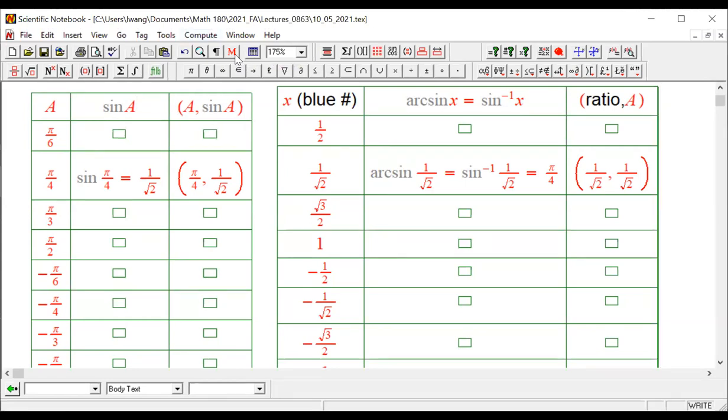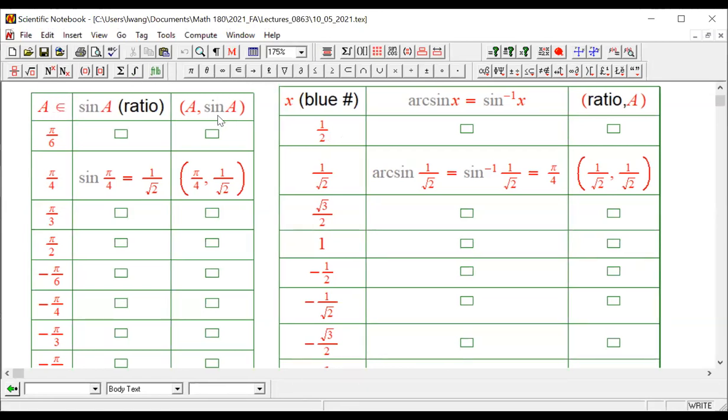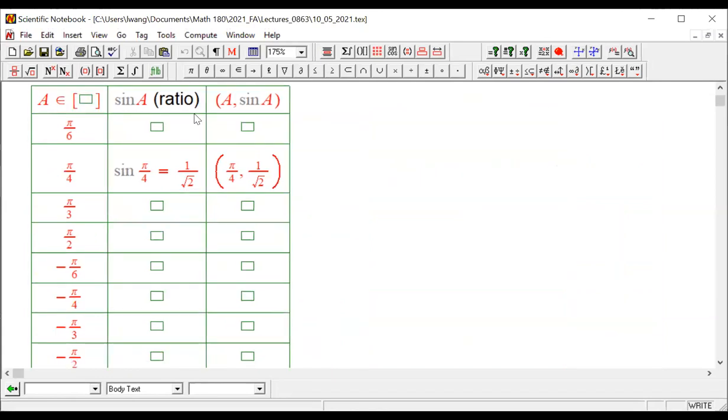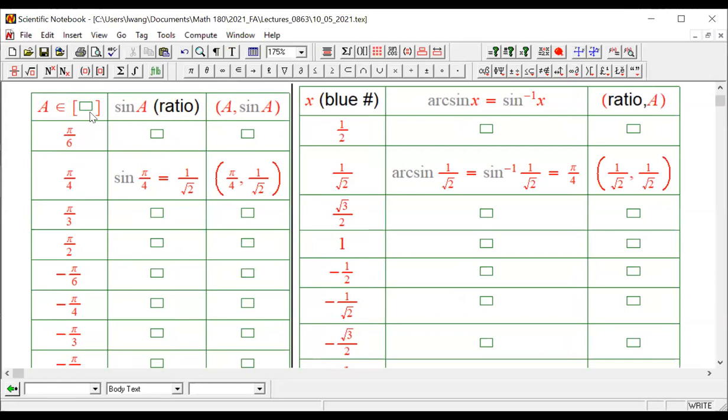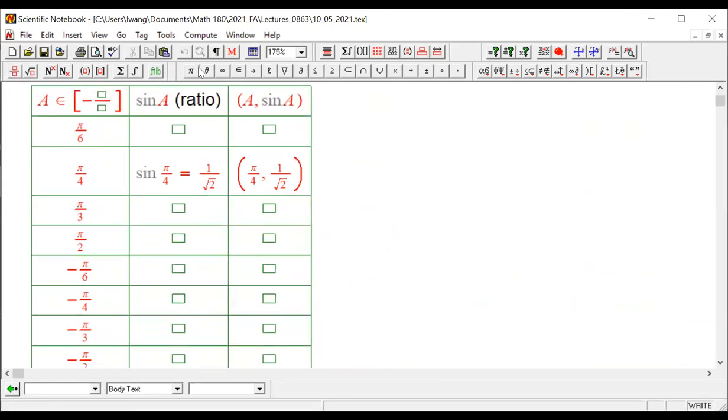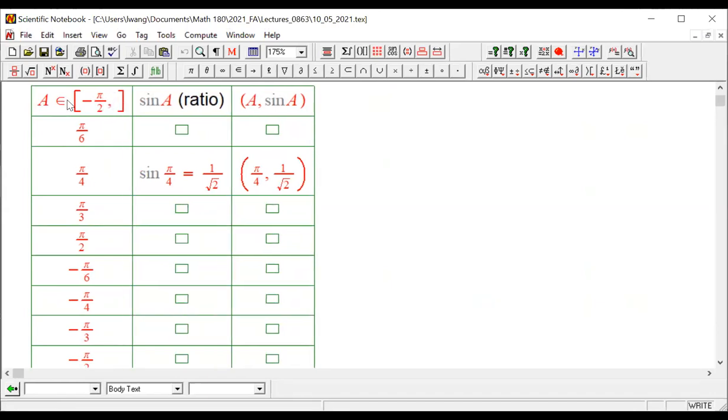I try to put as much information as possible on one table, and this piece belongs to that interval. There's a restriction. You guys just have to follow. Sometimes it's impossible to put all the information there. It's just too much. It cannot be held on one screen.